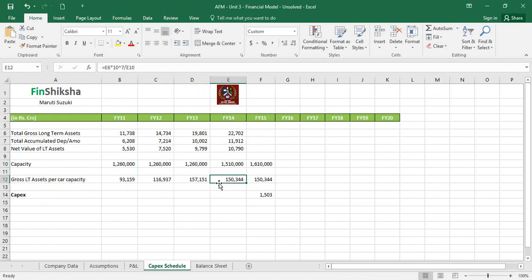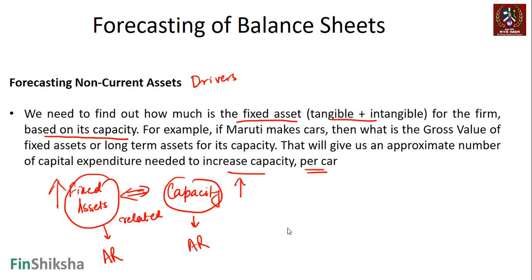But for every car extra that they make, if they want to add capacity by one car, they have to increase capex by 1.5 lakh rupees. This, remember, is in rupees. And then we just tried and did a simple calculation where we said if the capacity goes up by a lakh, because for every car they need 1,50,000, for a lakh new cars capacity, they will need 1,500 crore of capex, right? That's the non-current assets bit.